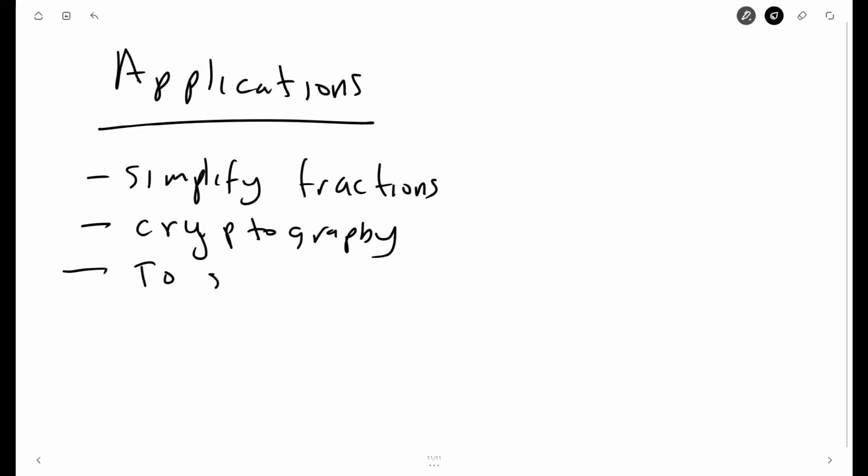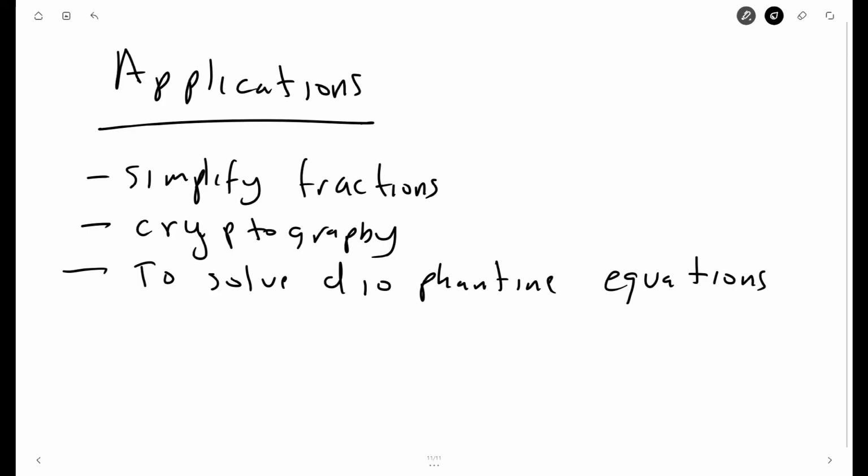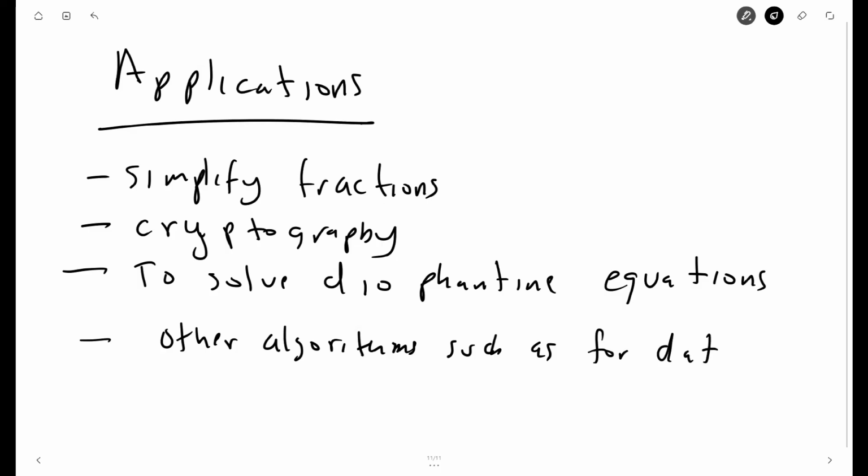You can use it to solve Diophantine equations. You can use it for other algorithms, such as for data encryption.